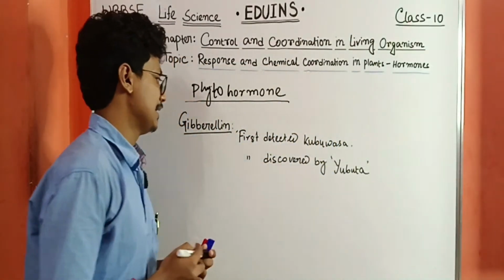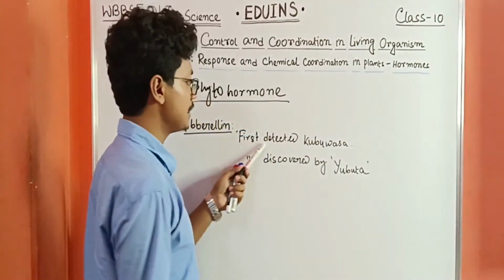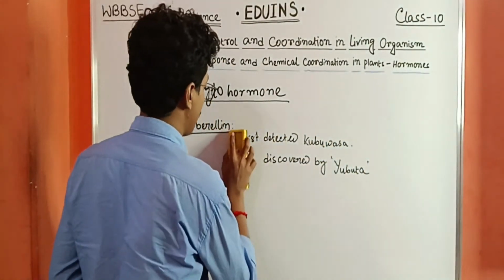Okay, these are the two scientists, first detected by Kurosawa and first discovered by Yabuta.